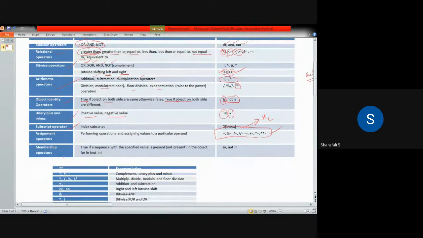And then the last one is membership operators. Membership operators will give you true if a sequence with a specific value is present.